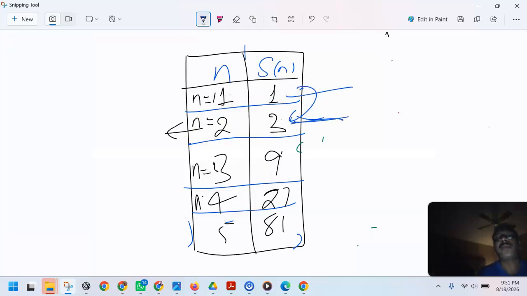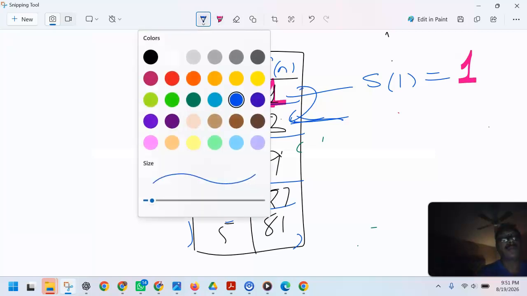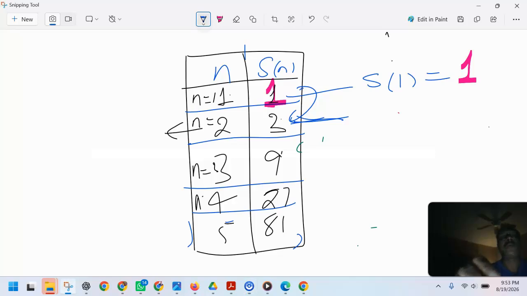Now this step is S of 1. S of 1 is the red one. The second one is this 3, S of 2. The step number is 2, and the answer is 3. But how did we get 3?